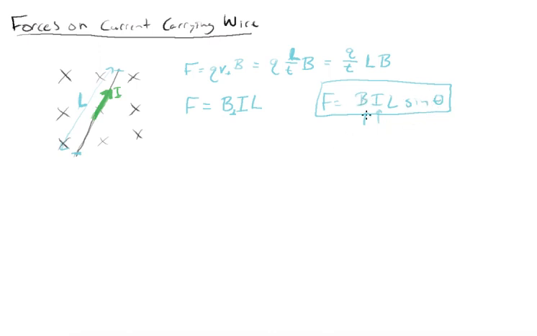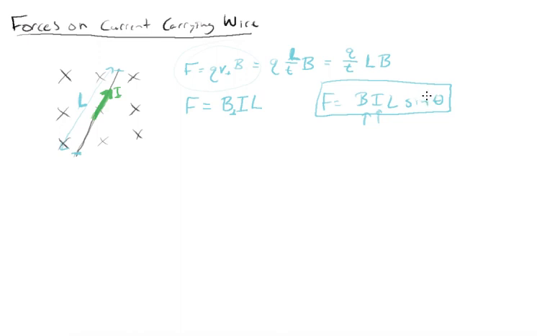That's why we have that sine theta there. If the wire is running parallel to the magnetic field lines, then just like if a charge moves parallel to the magnetic field, there will be no force. This is just a whole bunch of charges moving at once version of this equation back here. So don't be too confused by it. If you know one, you should be able to figure out the other anyway.